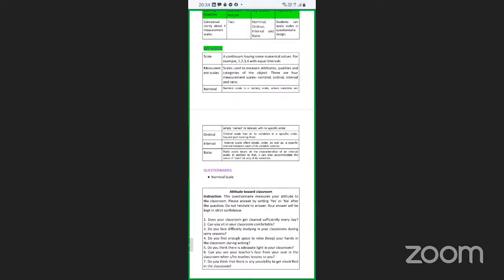So we are using normal probability curve based data analysis through the ratio scale.